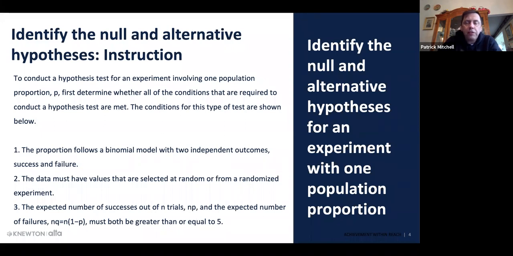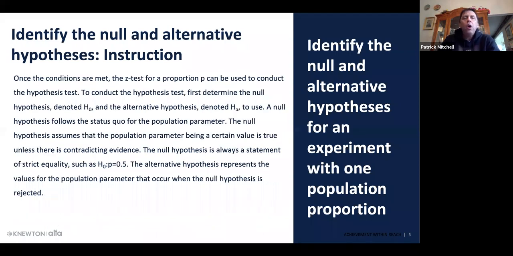So remember, these are the same conditions that are needed to use the normal approximation for binomial. Once the conditions are met, the z-test for a proportion P can be used to conduct the hypothesis test.